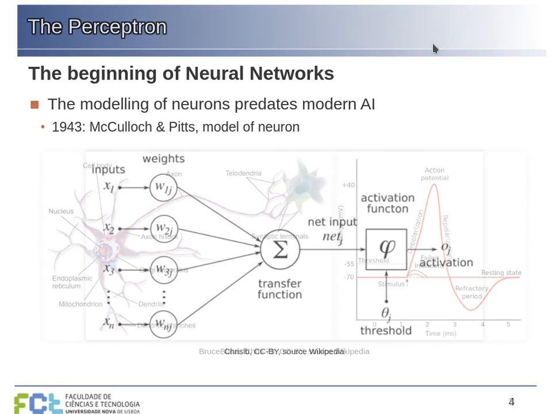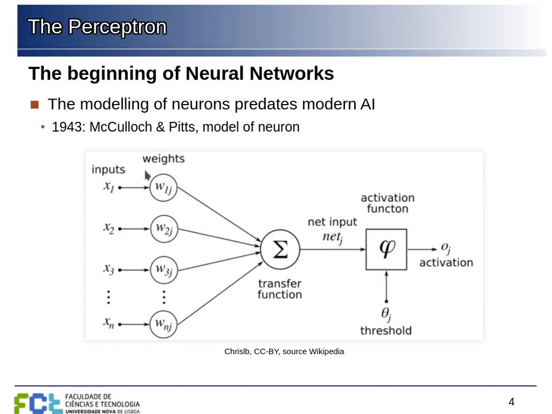So this can be modeled mathematically by considering the dendritic branches to be modeled by these weights which can multiply the different inputs. Let's say the input is a vector of numbers. Each number in this vector corresponds to a weight, that is a measure of the sensitivity of this hypothetical dendrite that would receive the input.